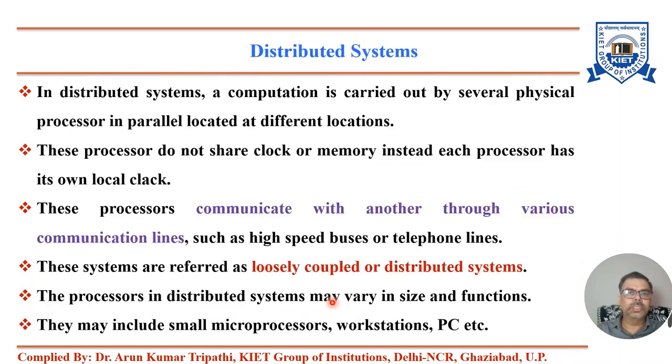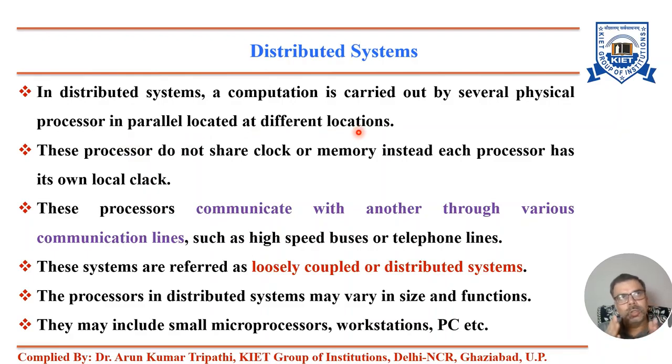Now, the distributed operating system. Distributed systems carry out computation basically at different locations. For example, in a distributed system, the computation is carried out by several physical processors in parallel located at different locations.